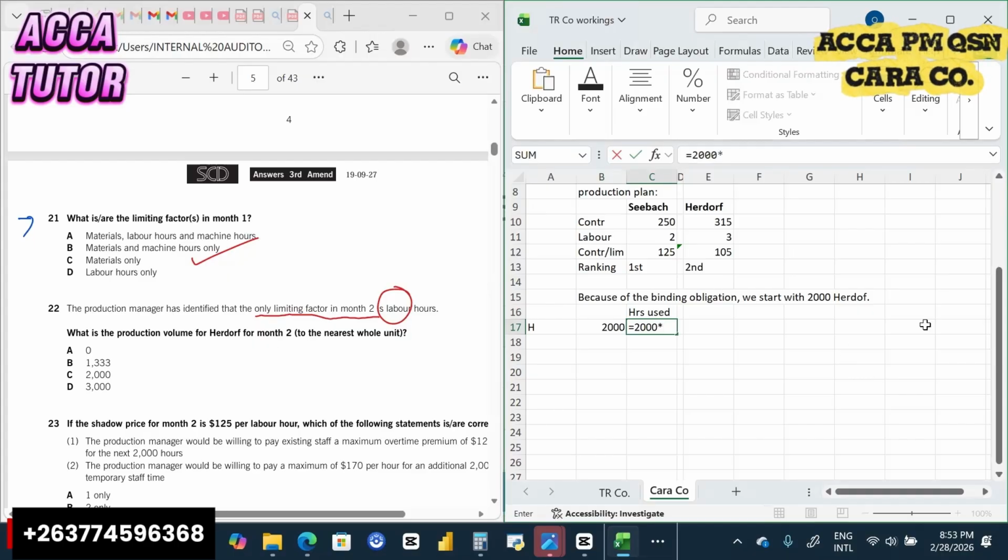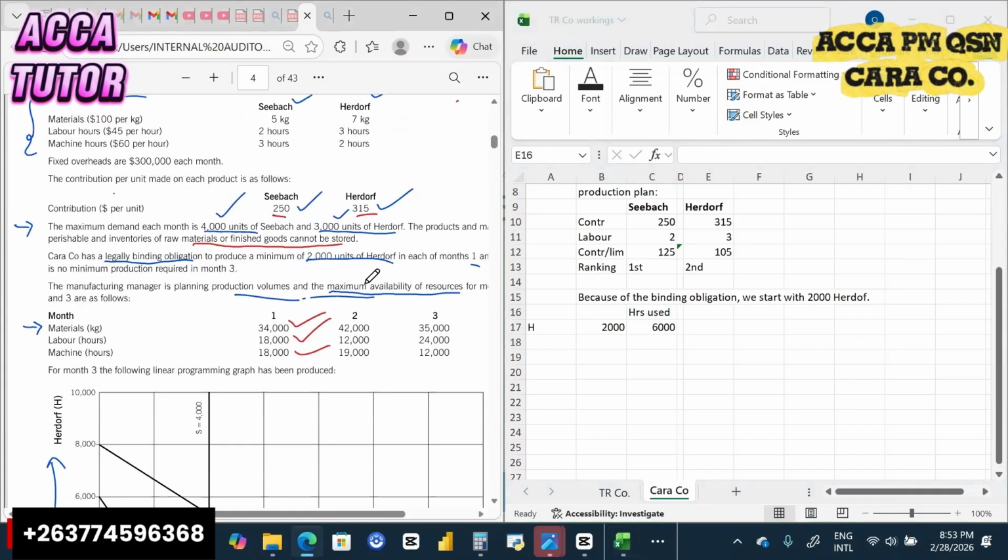So we have used 6,000. And how many hours are available in month 2? We come back to the question here. In month 2, there were 12,000 labor hours, isn't it? Are we together? Yes. Remaining hours, that's 12,000 minus the hours used. We are left with 6,000 hours. These are remaining hours.